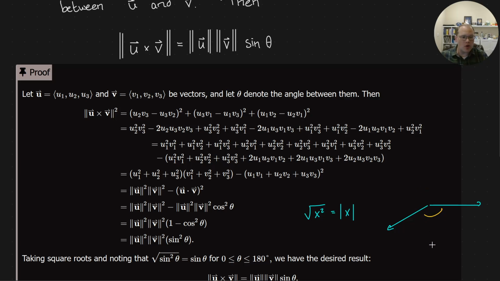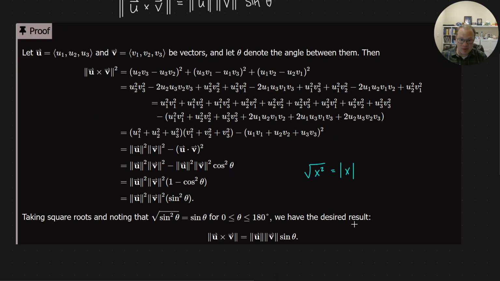We always take the smaller angle. So that's always what we mean by our theta, okay? So theta will always be between 0 and 180 degrees, and sine is always positive for theta between 0 and 180 degrees. So in this case, because sine is always positive, square root and square will cancel. We will just get sine of theta. Okay? And that gives me my final result here.